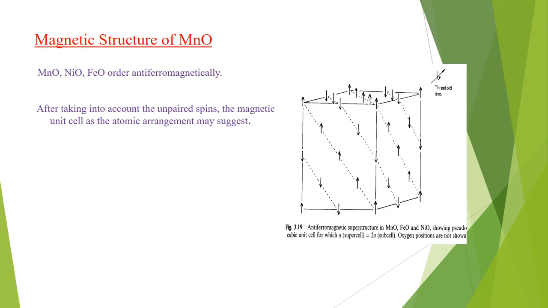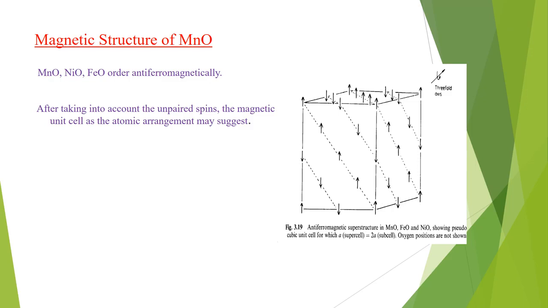Magnetic structure of manganese oxide. This is figure 3.19, showing the antiferromagnetic superstructure in manganese oxide, iron oxide and nickel oxide, with a pseudo-cubic unit cell for which the supercell is equal to 2a.